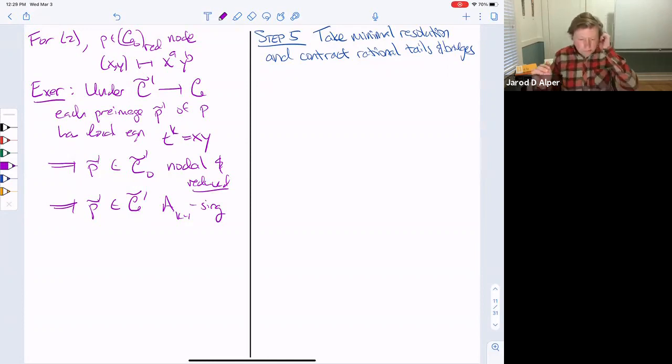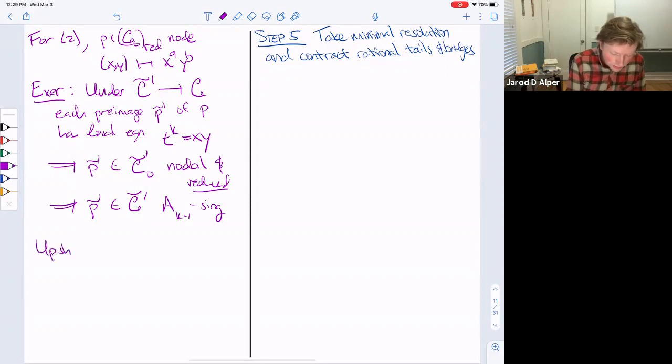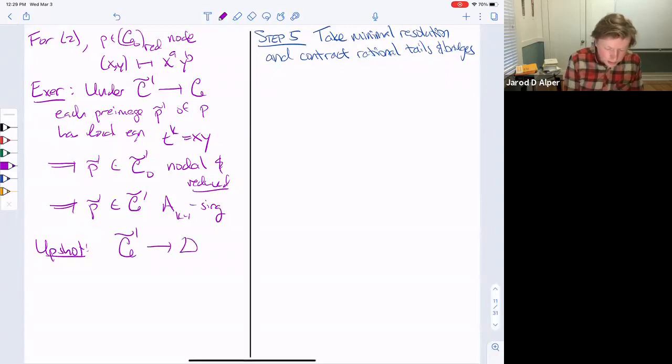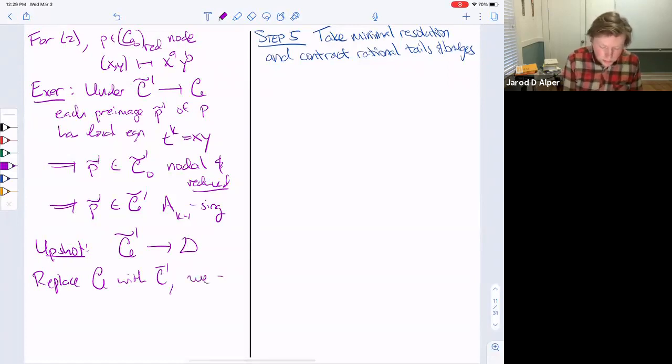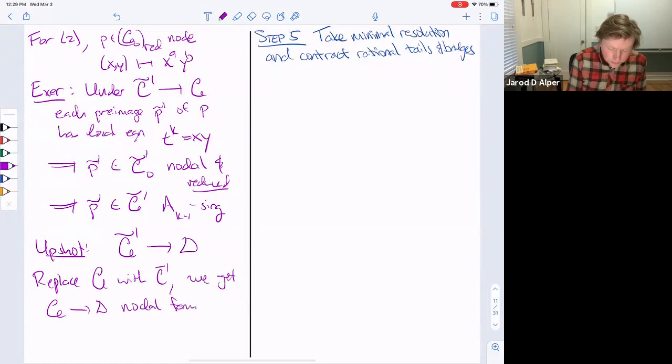So in the final step, the upshot here is we have C tilde prime to delta. Let's just call it C, replace C with C tilde prime. We get a nodal family where now this may have singularities.